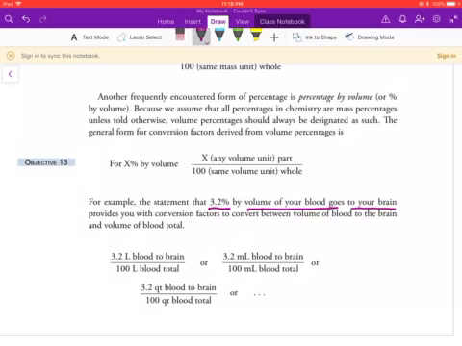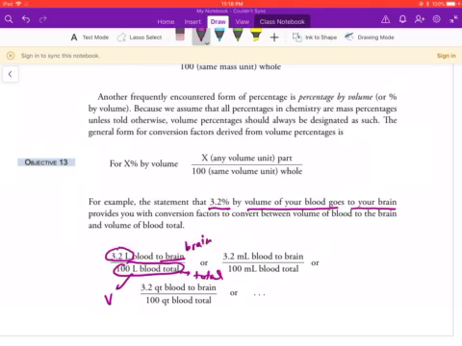What does that mean? Out of 100 parts of your blood by volume, 3.2 would be going to the brain. So this is the total, and this is the portion to the brain.